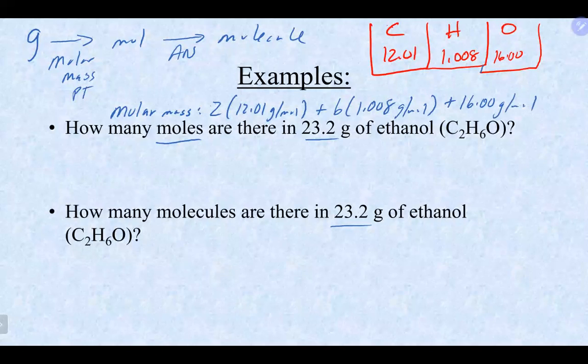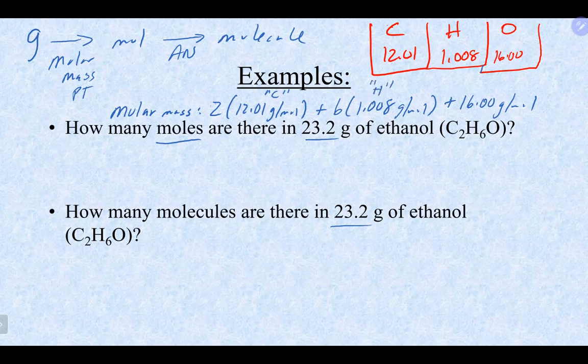So again, this is our carbon, that's our hydrogen, and that is our oxygen from the periodic table. So if we do all that, 2 times 12.01 plus 6 times 1.008 and a 16 gets us about 46.07 grams per mole as the molar mass there of our ethanol.